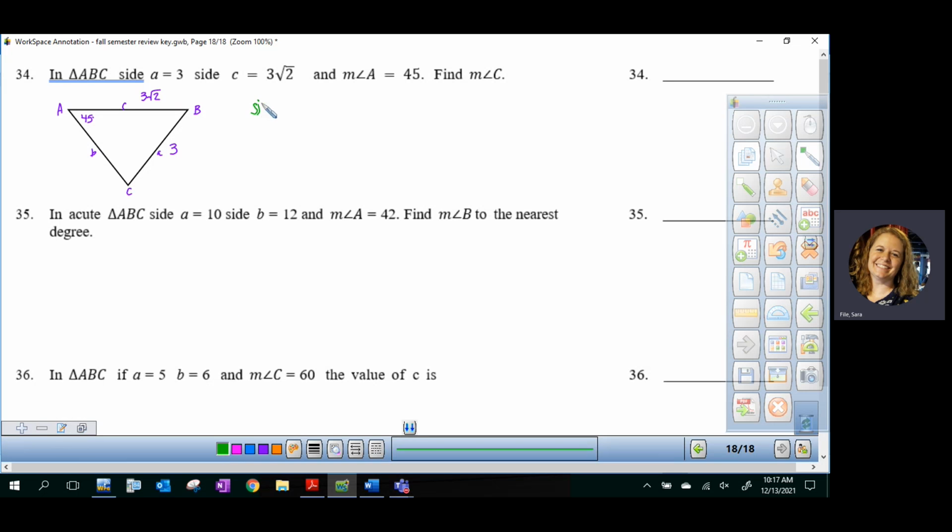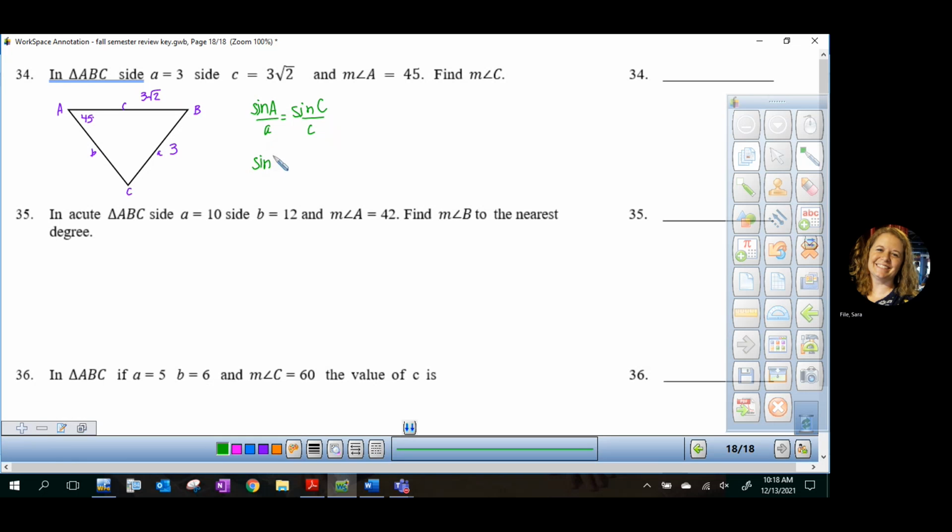We're going to say sine of angle A is to side A as sine of angle C is to side C, because this is how you were taught to set it up. So sine of 45 is to 3, as sine of C is to 3√2.